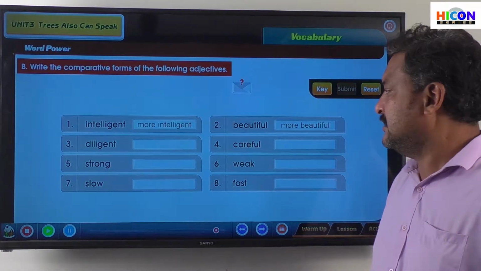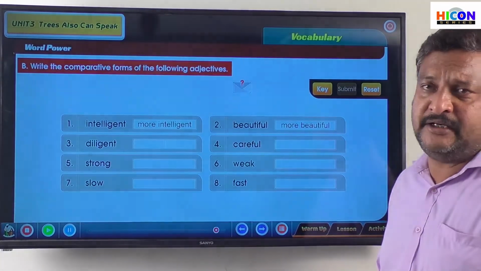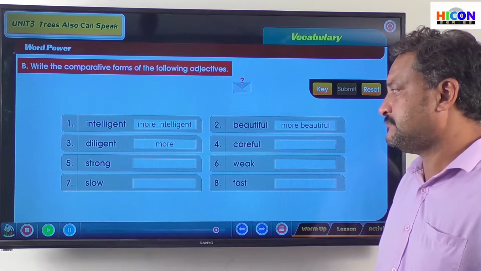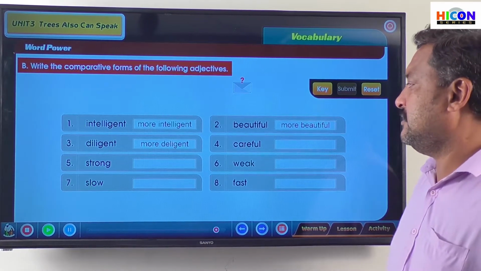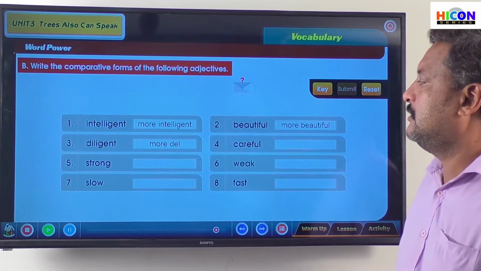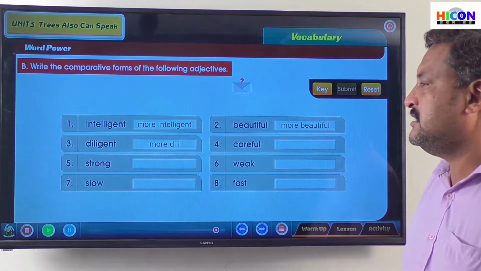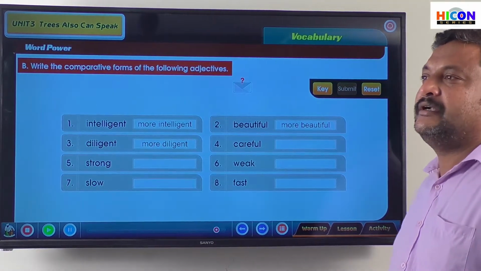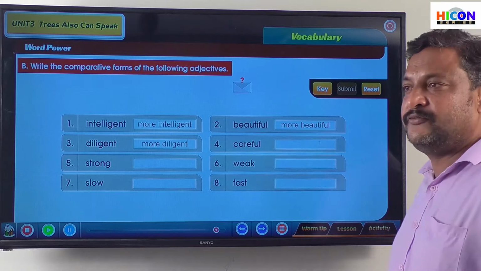Third one is diligent. Again, we need to add more to that. More diligent. D-I-L-I-G-E-N-T. More diligent. Right? Fourth one is careful.